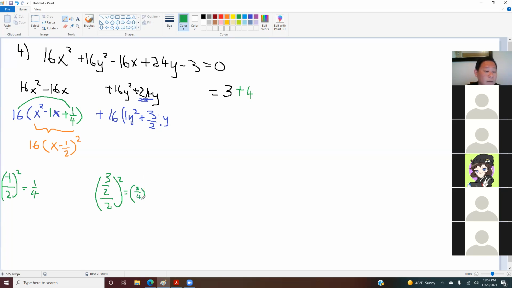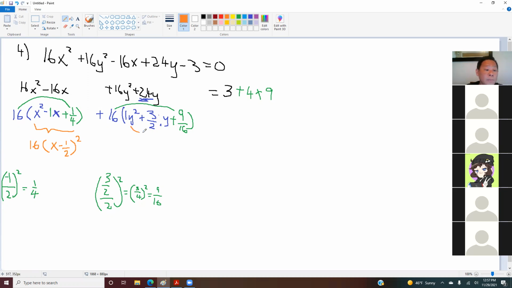And when you square this, you get 9 over 16. So we will add 9 over 16 here. But what do we add over here? You add 9 because you distribute out the 16. Yep, that's correct, David. You add 9 in this case.